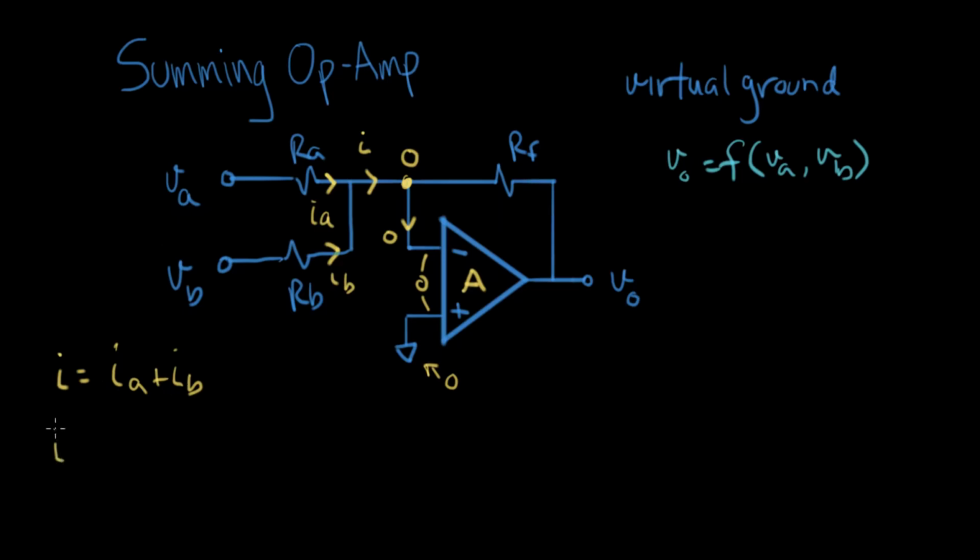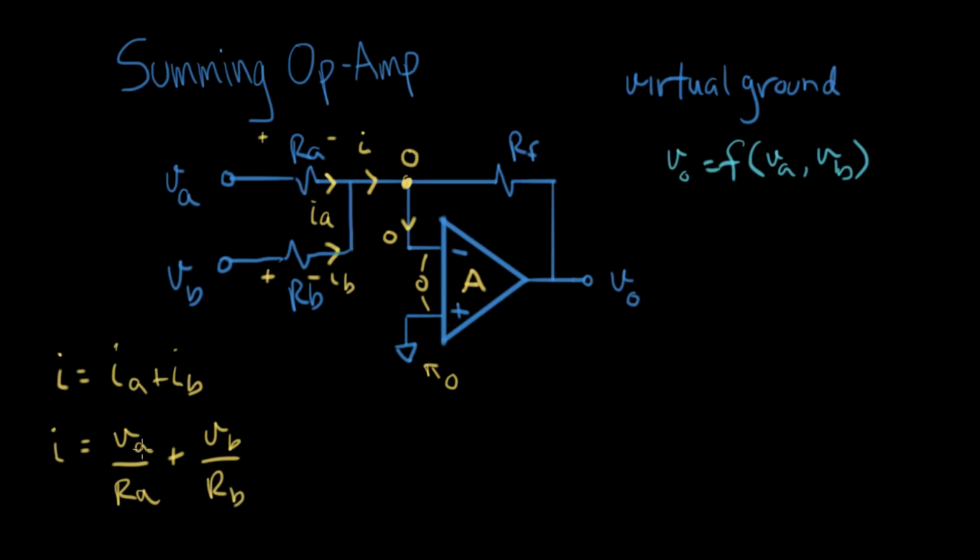What is IA? IA is this voltage divided by RA, and this voltage is VA minus 0 volts, so it's VA over RA. And now let's write down IB. We look at this voltage here, which is VB minus 0, or just plain VB over RB.